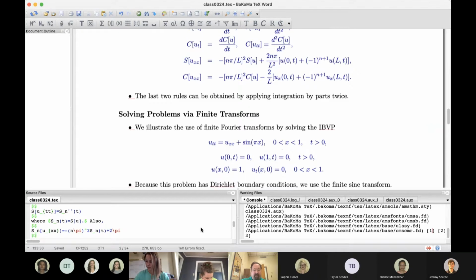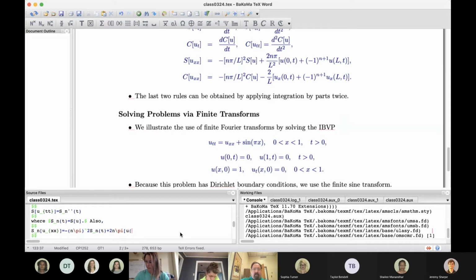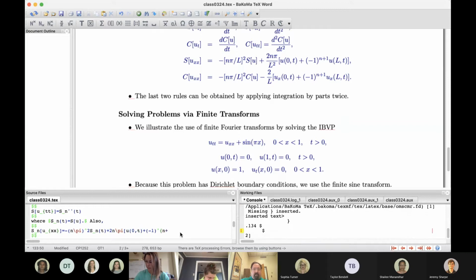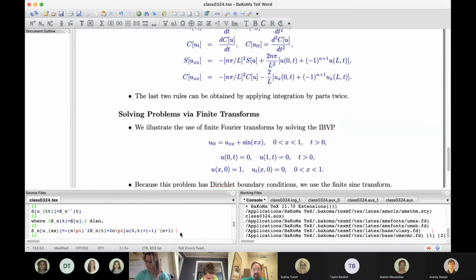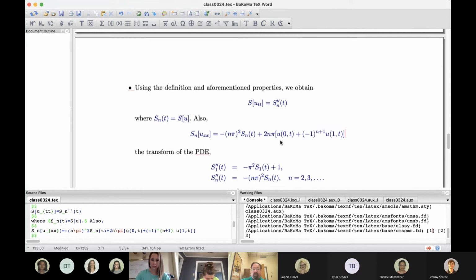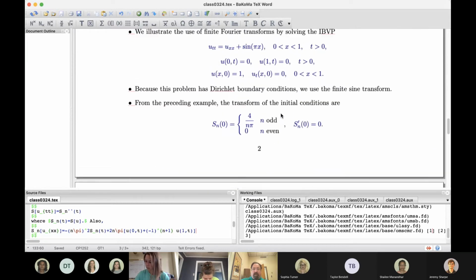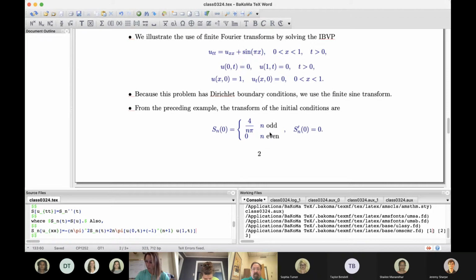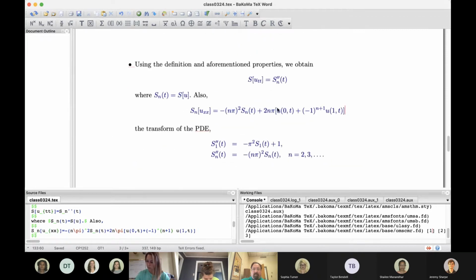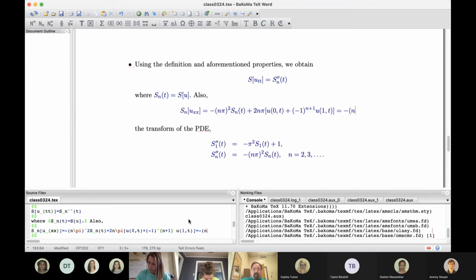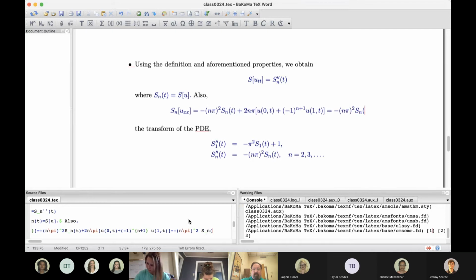So I'll fill that in: 2n pi u(0,t) plus minus 1 to the n plus 1 times u(1,t). But now we need to consult the boundary conditions for this problem. The boundary values are both 0, so that part of the boundary terms is going to go away. We're just going to have minus n pi squared S_n of t.